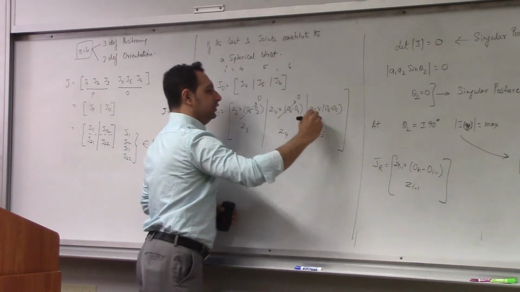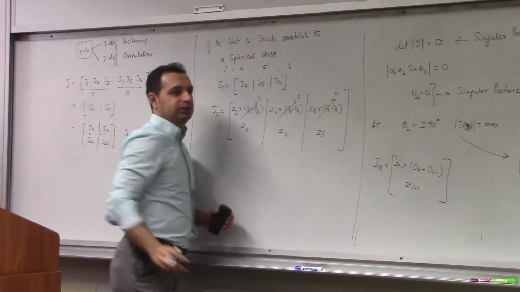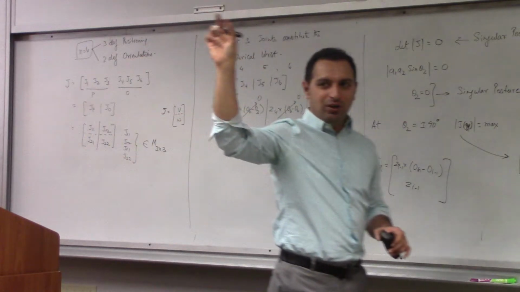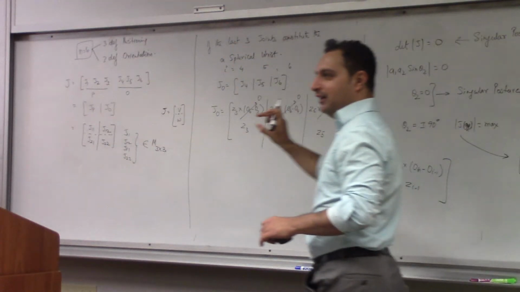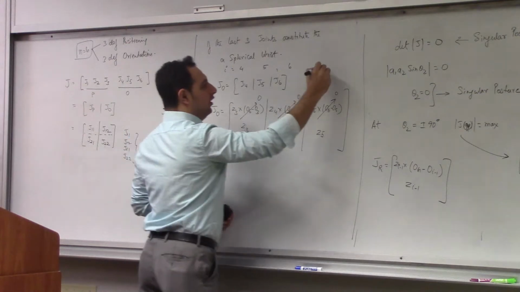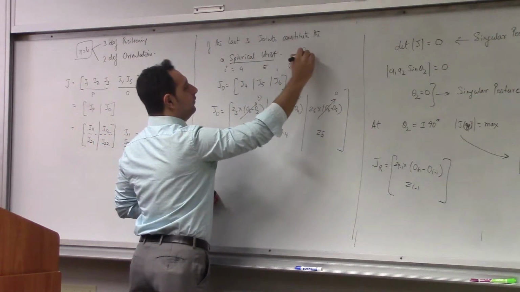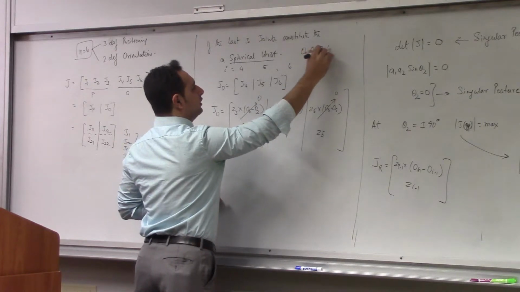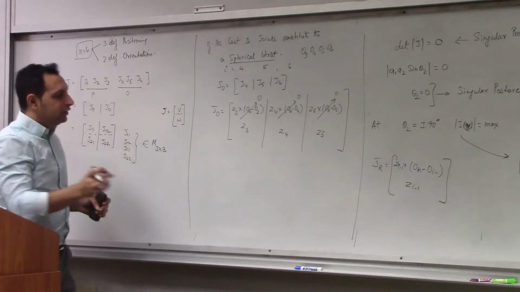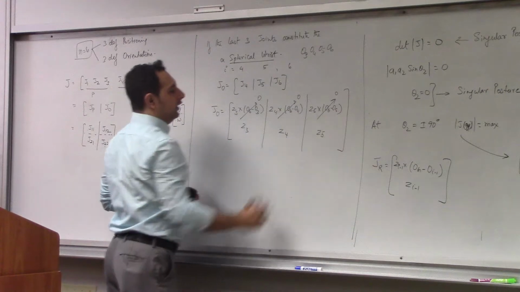If you look at the Jacobian that we did in class, you will see that the top row of the last three columns is all zeros, because it's a spherical wrist; O3, O4, O5, O6 are at the same point. So this will all lead to a 0 matrix.